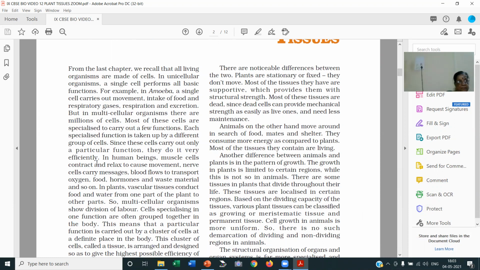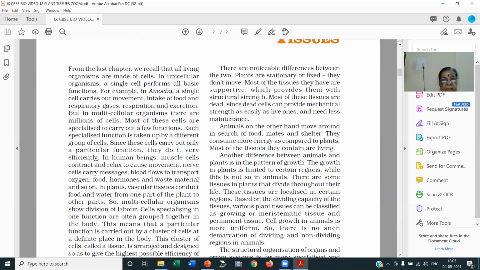In human beings, go through that line: muscle cells contract and relax to cause movement. Nerve cells carry messages. Blood flows to transport oxygen, food, hormones, and waste material.